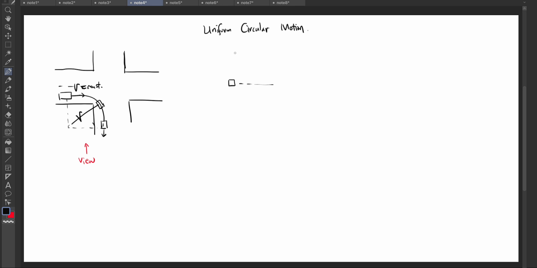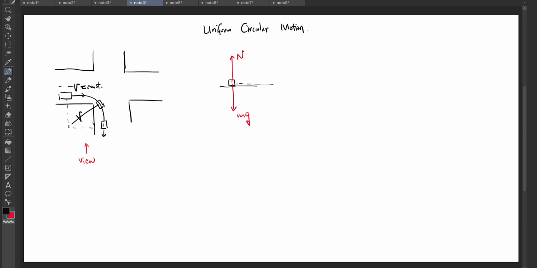Then the vertical direction will be this direction, right? Because we're viewing horizontally. So here's the ground surface. That's the ground, okay? So the normal force due to the ground will be upward. Gravity will be downward. Suppose mass of the car is m.